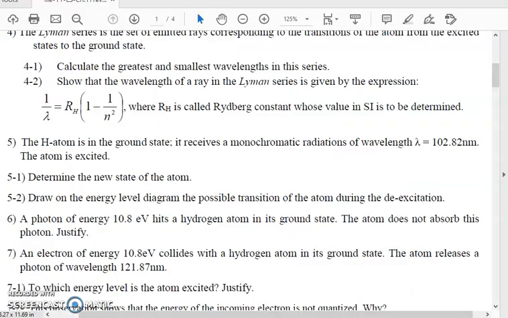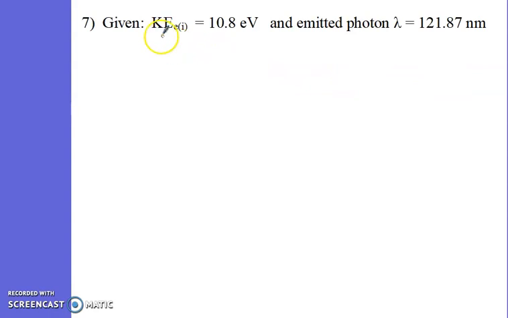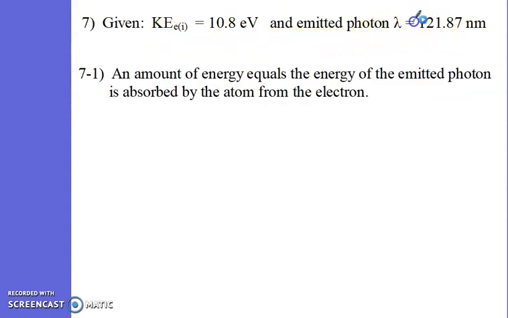Now, an electron of energy 10.8 electron volt collides with a hydrogen atom in the ground state. The atom releases a photon of wavelength 121.87. To which energy level is the atom excited? Justify. Here, initial kinetic energy of the electron, emitted photon, this.